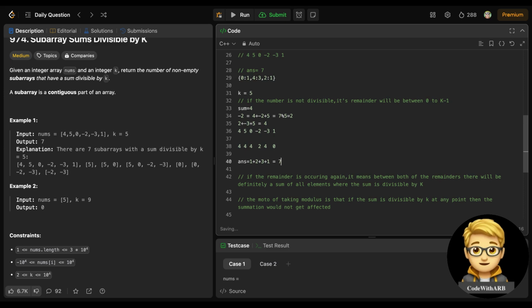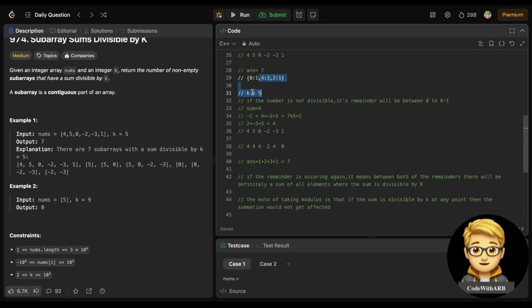So it becomes total 7, right? This 4 5 0 minus 2 minus 3 1 is divisible by 5. So this is how we will solve this problem.